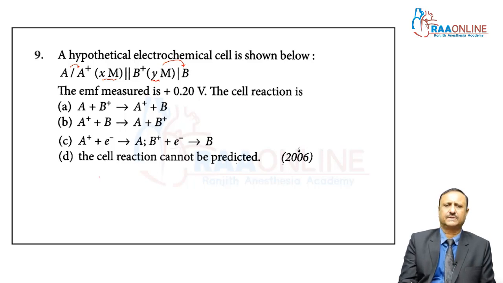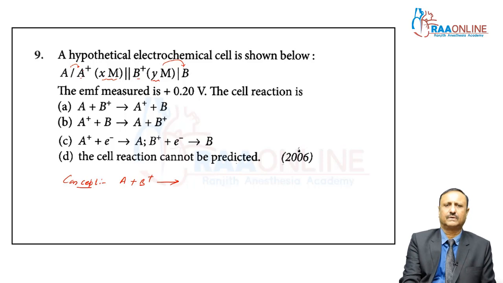The cell reaction is very easy, and this is a very easy question. It was asked in 2006. Here, my dear students, you write A on the left-hand side, then the salt bridge, then B plus. This is the anode, this is the cathode, and this is the arrow.